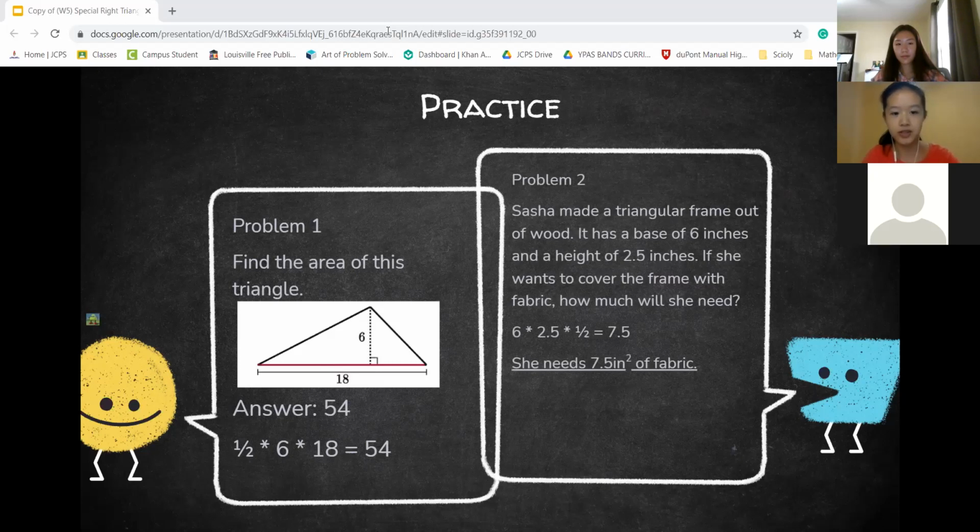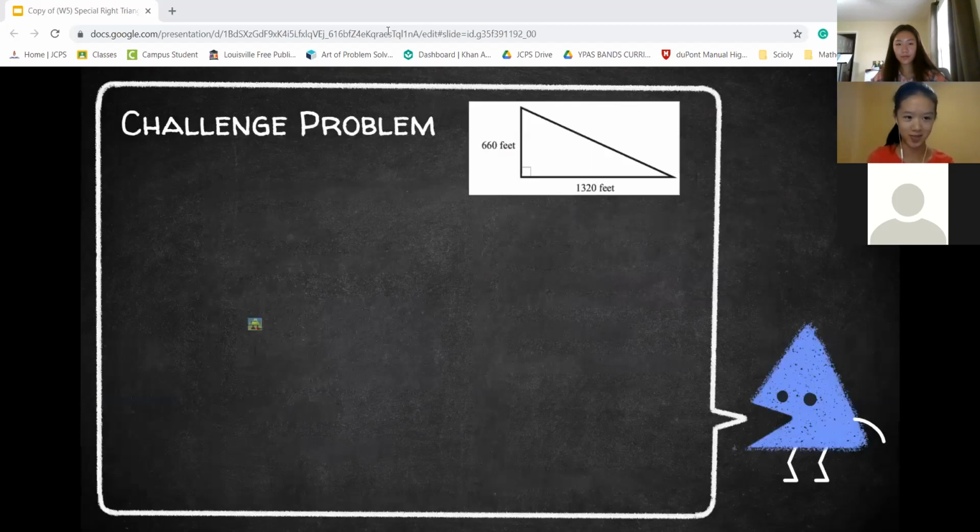Yeah, so you guys are right again. It has a base of 6, height of 2.5, so 6 times 2.5 times 1/2 is just 7.5. Hopefully this is easy because it should be.